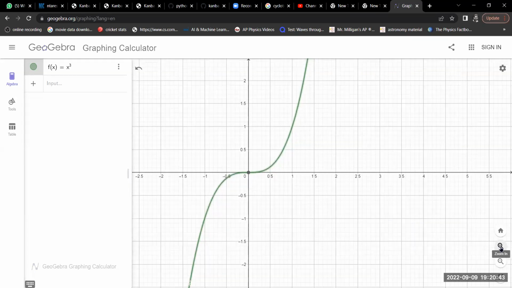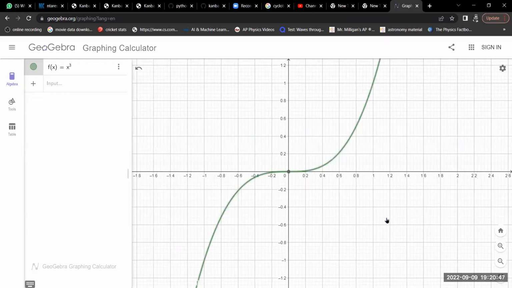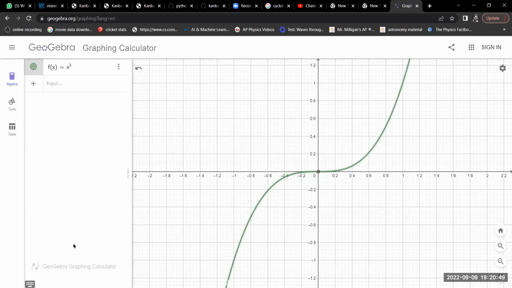Now let me zoom in. You can see it is not a curve. The x-axis is not cutting, because the x-axis is becoming parallel to the curve, isn't it? So is the x-axis cutting the graph at x equals 0?